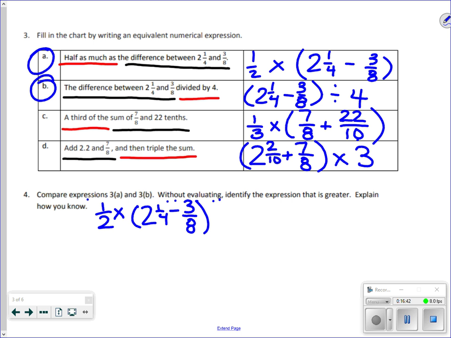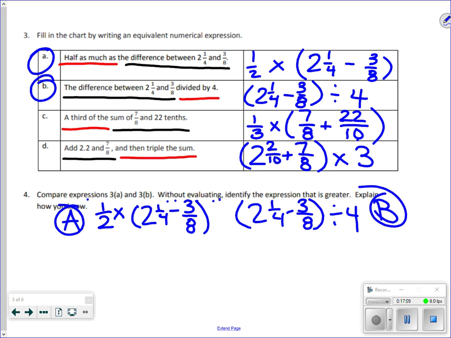And then we have 2 1/4 minus 3/8 divided by 4. So which one would have the larger answer without working it? A or B?